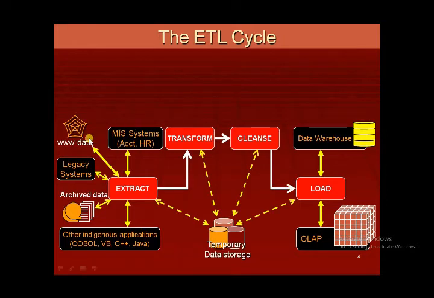The very important point here is temporary data storage, and another term for it is data staging. What is data staging? When you extract the data from these source systems, you have to bring that data to a temporary place, where you can perform the transformation and cleansing of the data before putting it into the data warehouse.